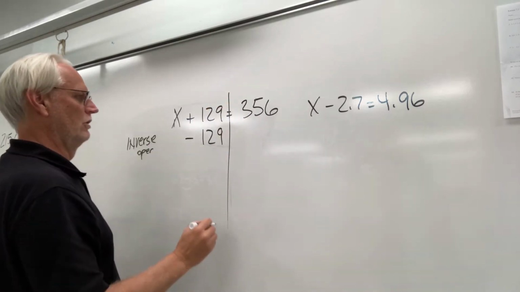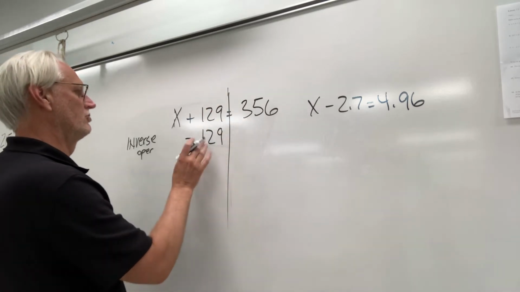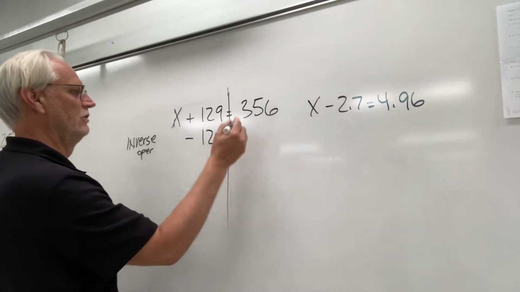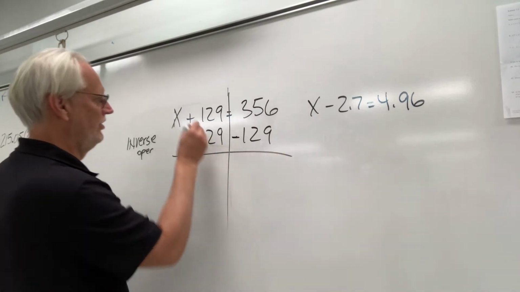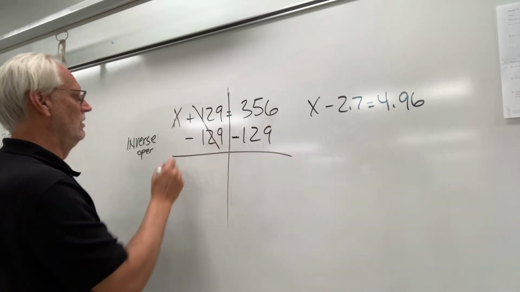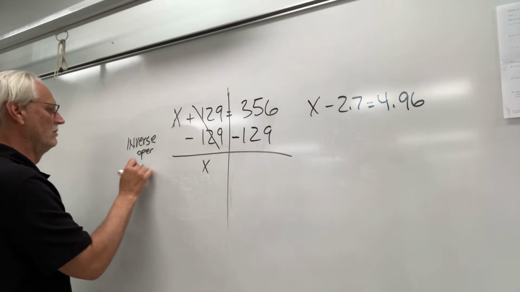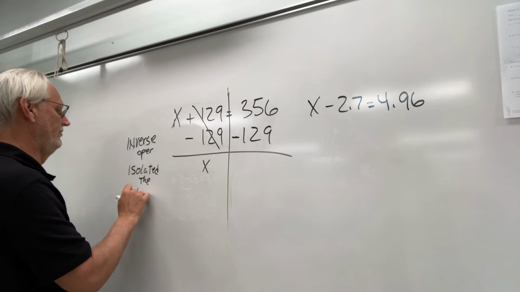So I'm going to go ahead and put my balance line here so that I can see here's one side of my equation, here's the other side. So minus 129. So this is going to cancel each other out. So I bring down my x. So now I have isolated my variable.